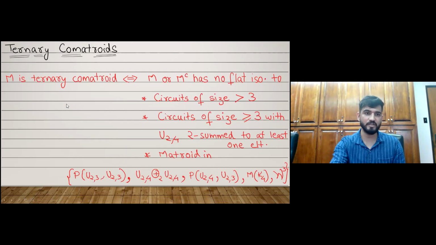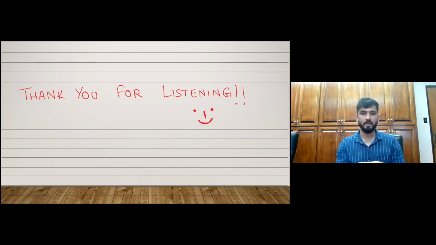So this is the result, which is: M is a ternary comatroid if and only if M or M complement has no flat isomorphic to either circuits or circuits with U24 2-summed on it, and matroids in this 5-element set. Okay, so that was the result which we proved for ternary comatroids. So I'll stop here. Thank you for listening.